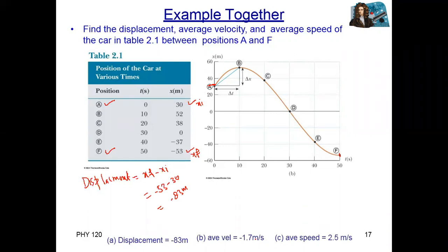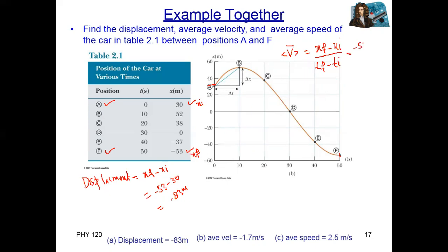What about average velocity from A to F? Negative 53 plus 30 over 50. We have XF minus XI divided by delta T, tf minus ti. So what is our final position?